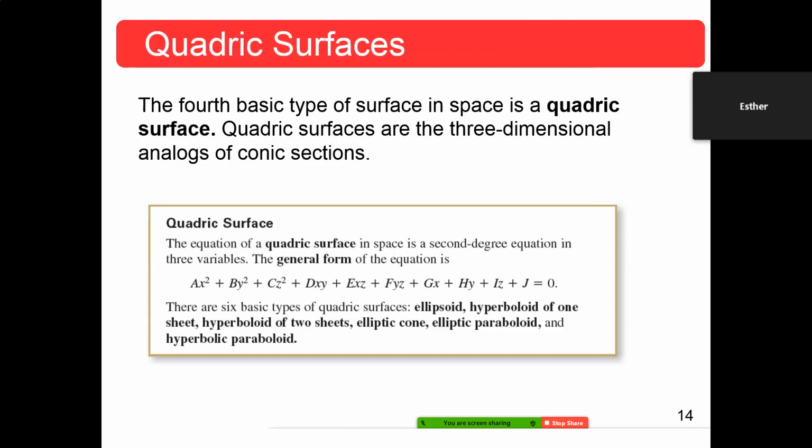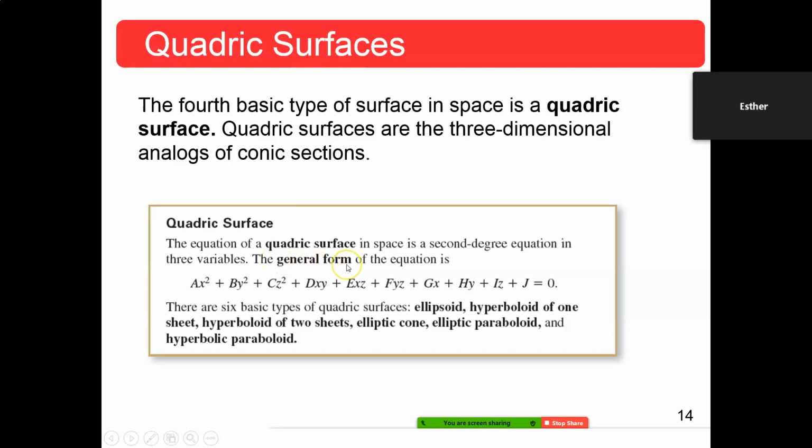The equation of a quadratic surface in space, I'm trying to draw it with my finger on the wrong pad. A quadratic surface in space is a second degree equation. Maximum exponent there is 2, second degree equation, in 3 variables. So it's a spatial figure, 3 variables, maximum exponent is a 2.